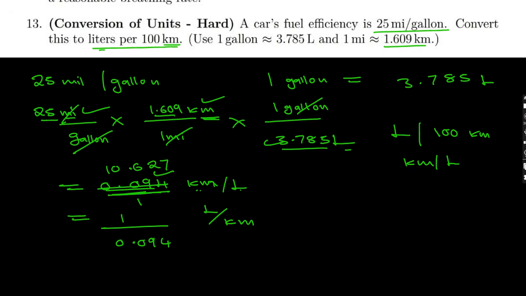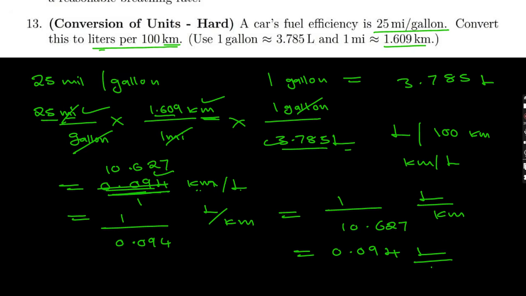Now we are dividing by 1, so we're going to have 1 over 10.627, then liters per kilometer. Dividing 1 by 10.627, we are going to get 0.094 liters per kilometer.